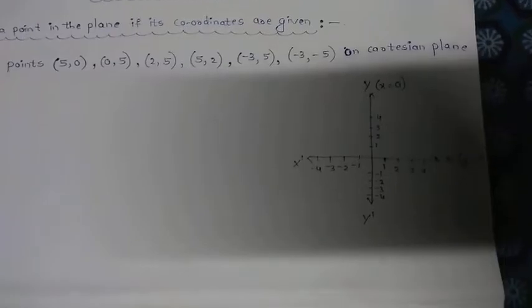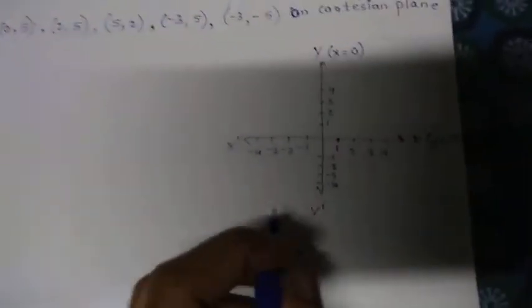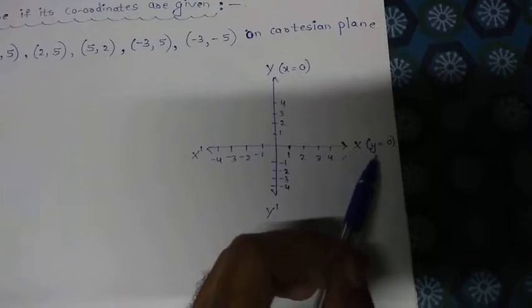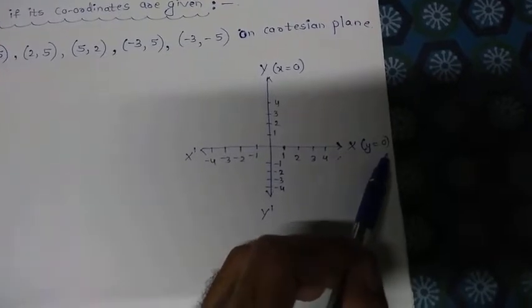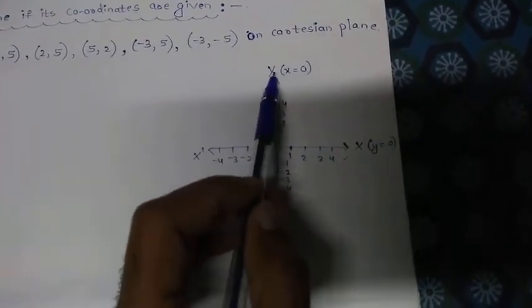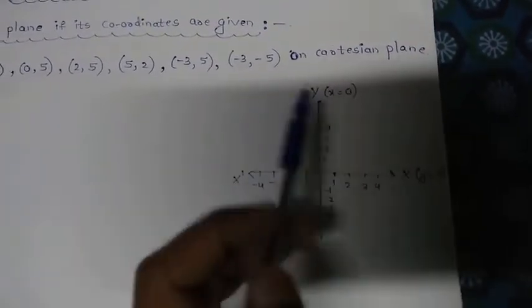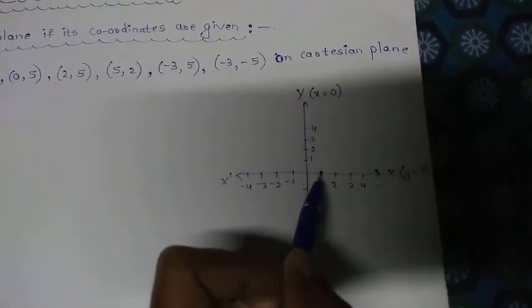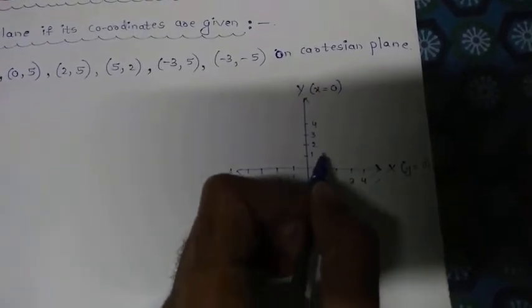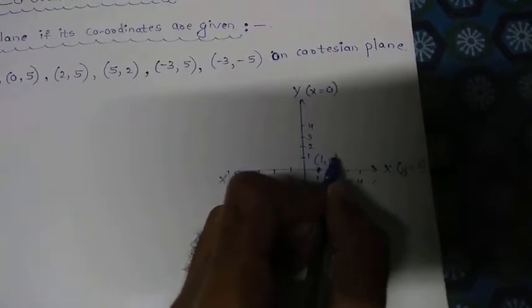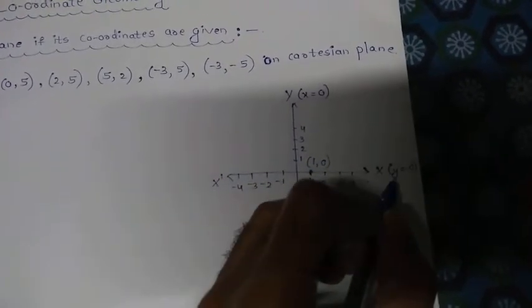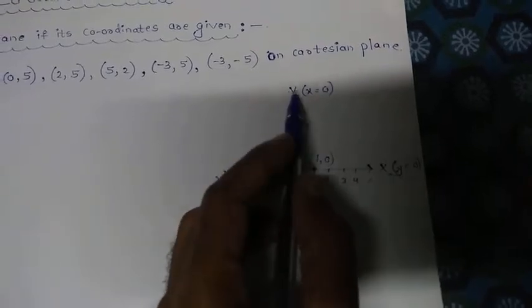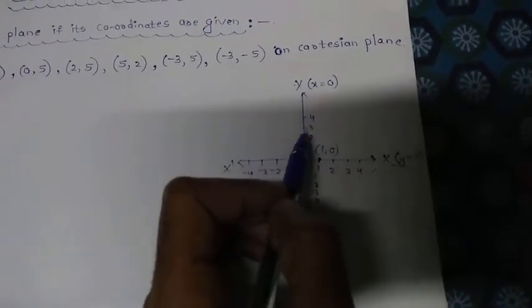Another important thing that I forgot to tell you in the last class: on the x-axis every y coordinate is 0 and on the y-axis every x coordinate is equal to 0. Suppose this is the point given, then the coordinates of this point are 1, 0. Why? Because on the x-axis the y coordinate will always be equal to 0, and on the y-axis the x coordinate will always be equal to 0.